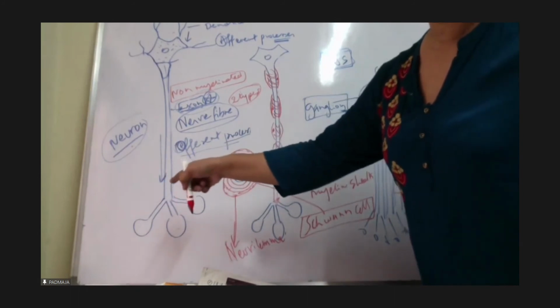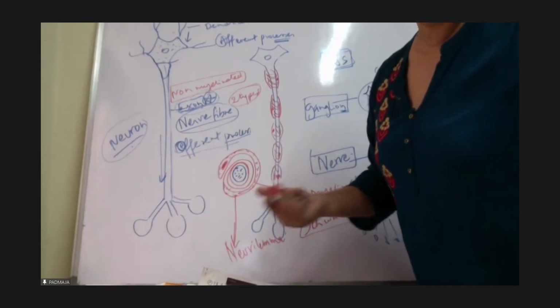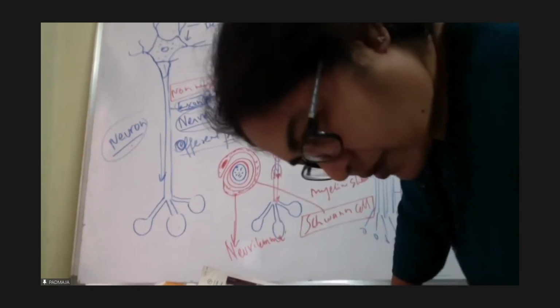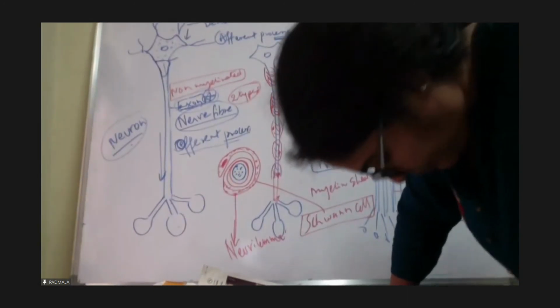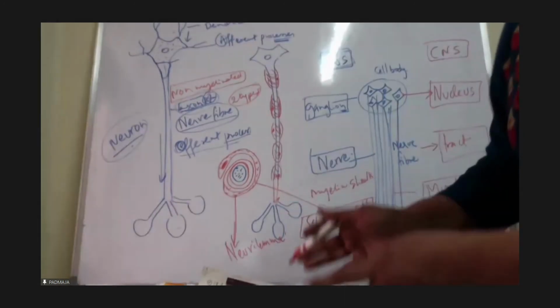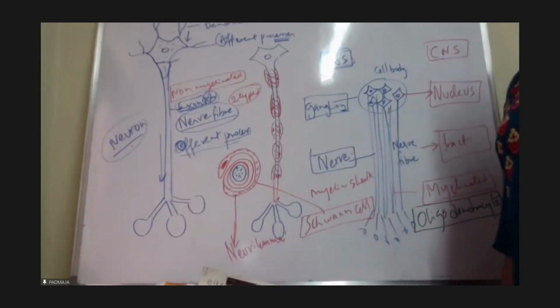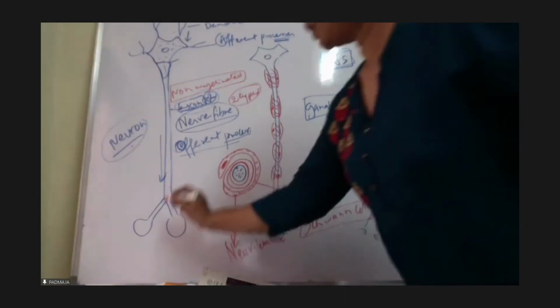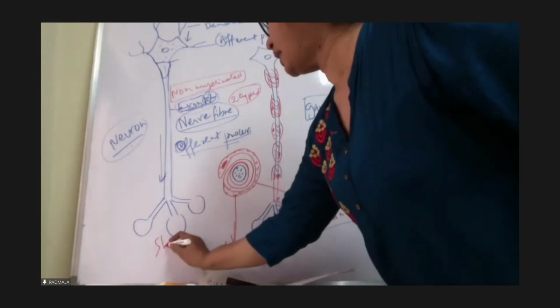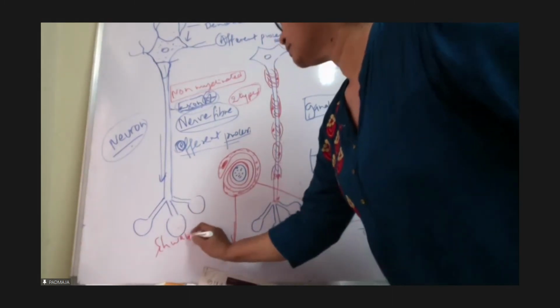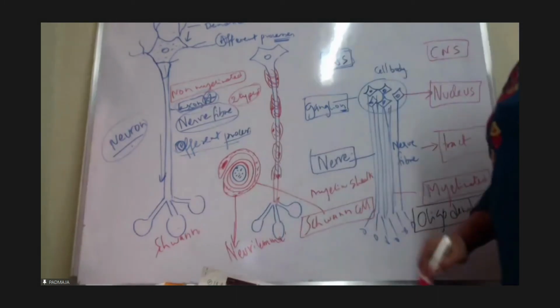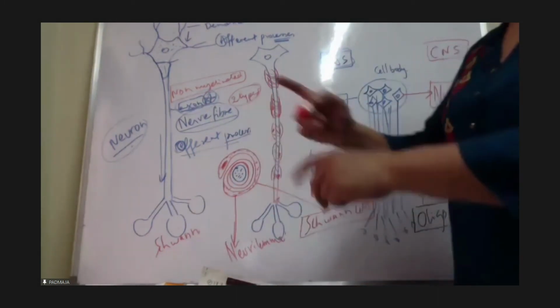It is the Schwann cell only. Carefully: here also it is the Schwann cell, but it doesn't secrete a myelin sheath. I'm giving that diagram also.